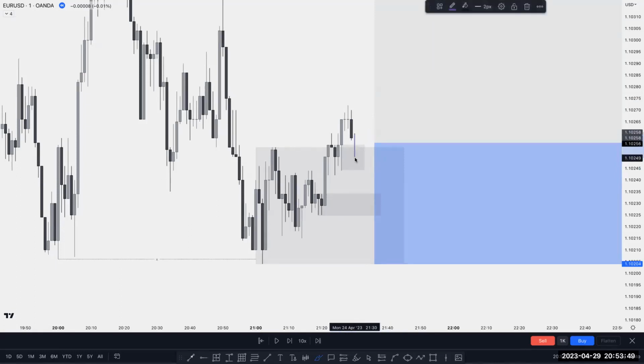Sometimes what happens, the market taps here, gives a reaction and fails, and then taps here and gives a reaction and continues going higher. If you are buying here, you get stopped out. If the market respects here and creates a single candle order block, you can buy here. If the market does not create a single candle order block, but you are willing to buy directly here, you can go for it, right?